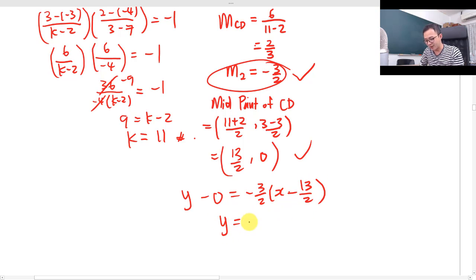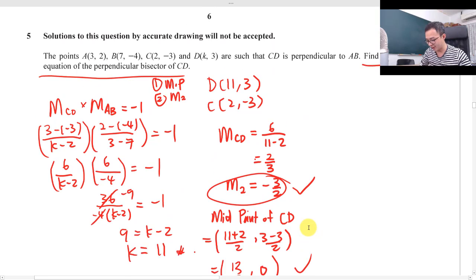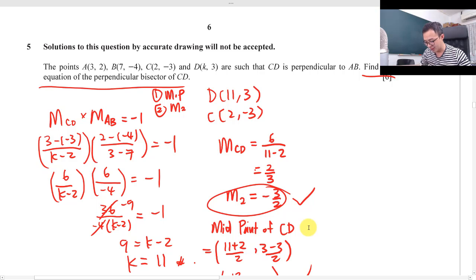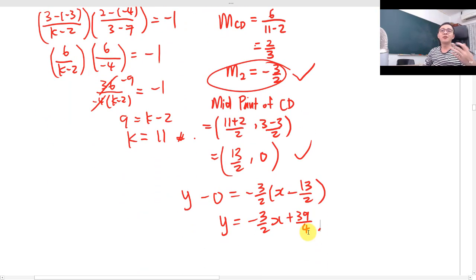So y basically equals negative 3 over 2 x plus 39 over 4. I hope I didn't make any careless mistake here. Yeah, it should be correct. So you just solve it and you should be able to get it easily.